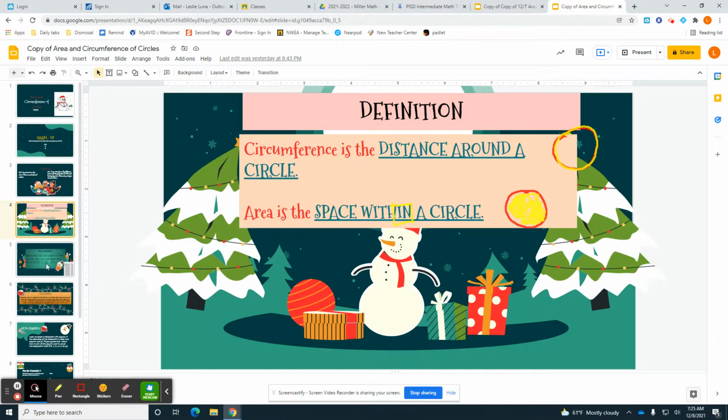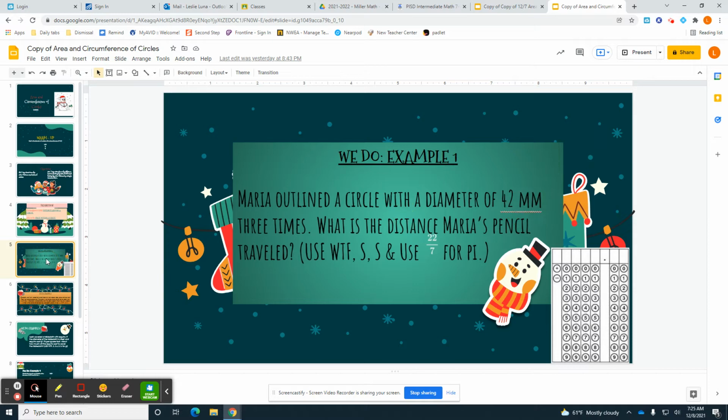Okay. So moving on to the first we do. It says Maria outlined a circle with a diameter of 42 millimeters 3 times. What is the distance Maria's pencil traveled? So let's say she has a circle and it says Maria outlined.